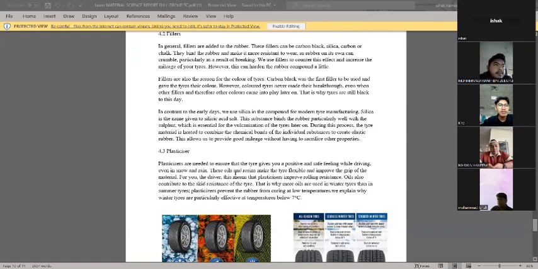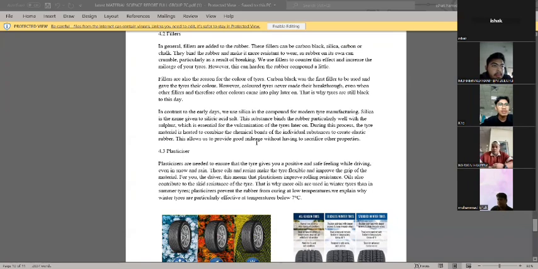This substance binds the rubber particularly well with the sulfur, which is essential for the vulcanization of the tires later on. During this process, the tire material is heated to combine the chemical bond of the individual substances to create elastic rubber.